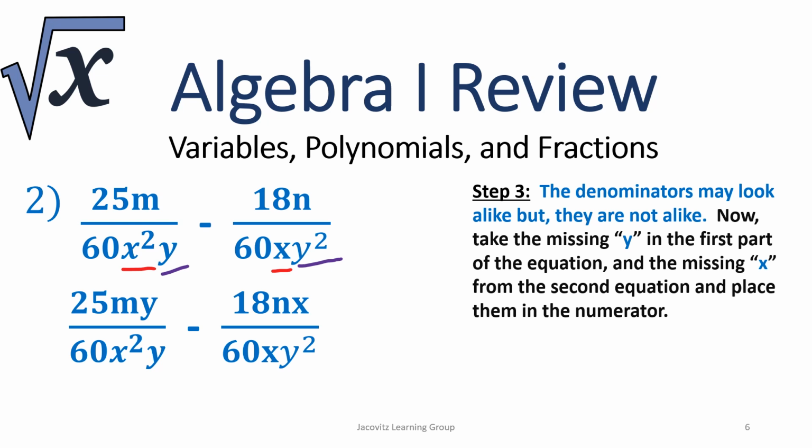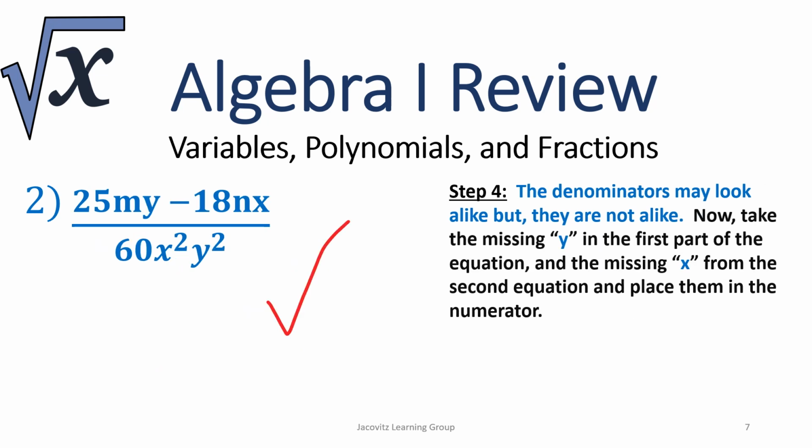They're still not like terms, so you can't combine 25m minus 18n. We're not trying to combine, we're not multiplying. Keep in mind, this always tells you what to do. It says subtract. You can't subtract unlike terms, so you're going to have to keep them the same. Now here's where we go next slide to get into how to change this denominator.